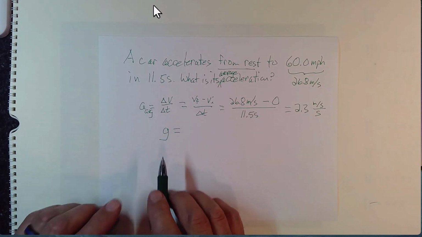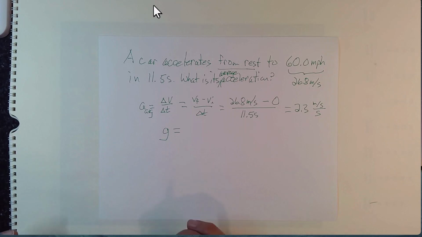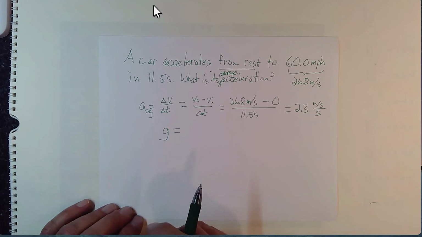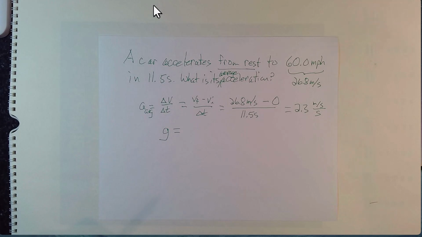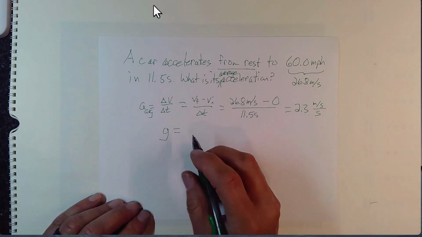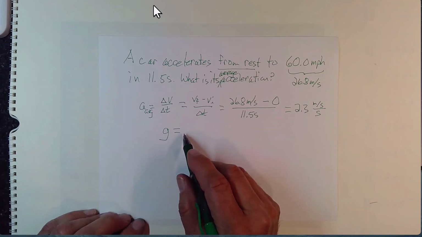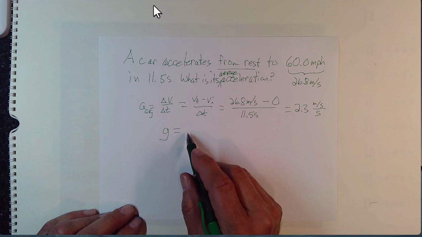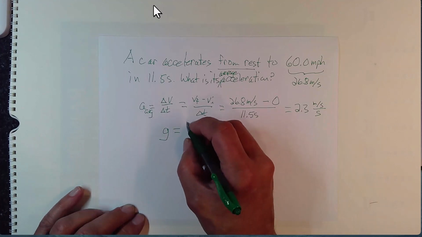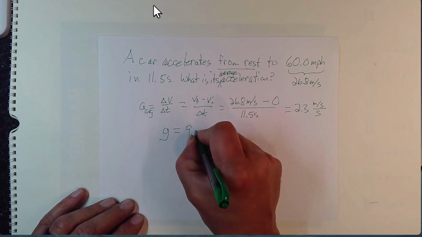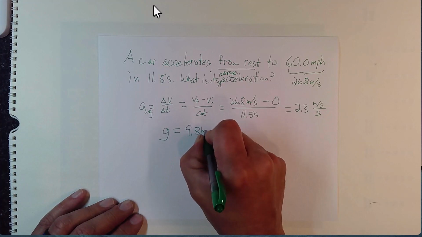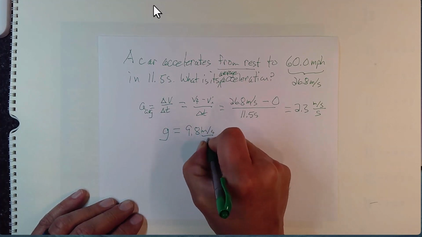It actually represents the magnitude of the acceleration due to gravity. If you hold a rock out and drop it from your hand, it'll not be affected much by air resistance, at least if you're only dropping it from as high as your hand is above the ground, and it'll fall at about 9.8 meters per second per second.